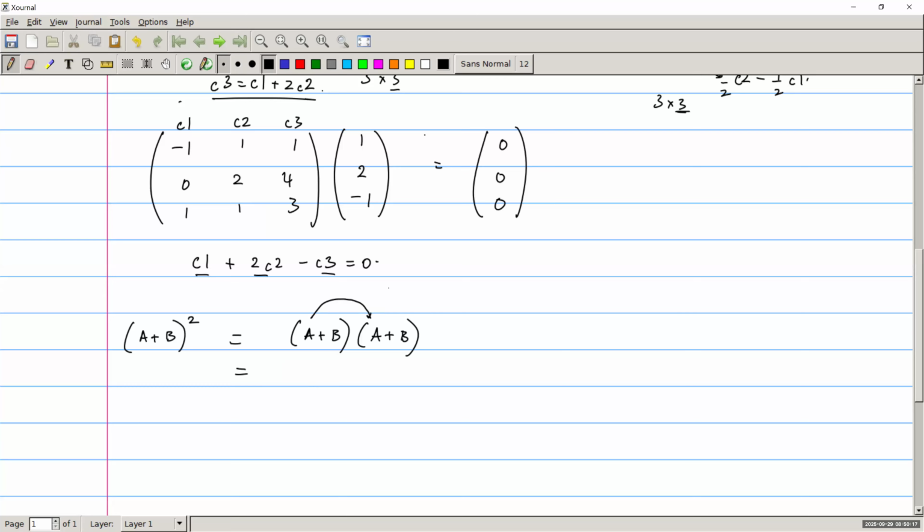Write it out. Use the distributive law to expand, and simplify. Complete what you're writing.